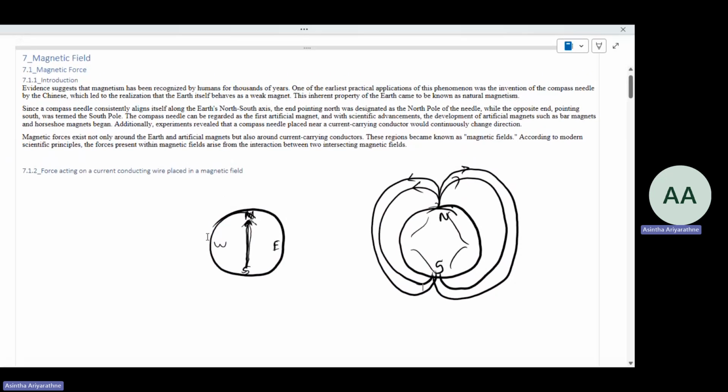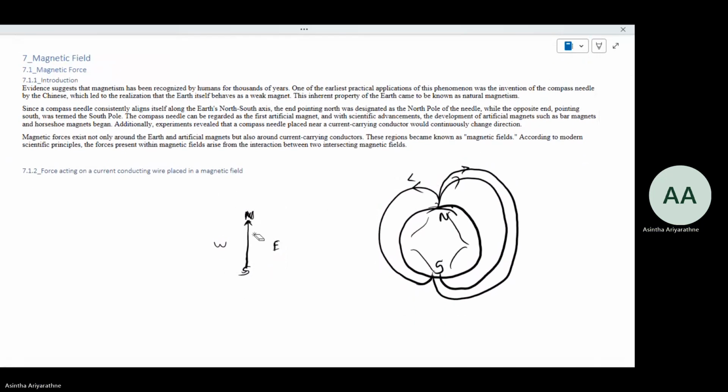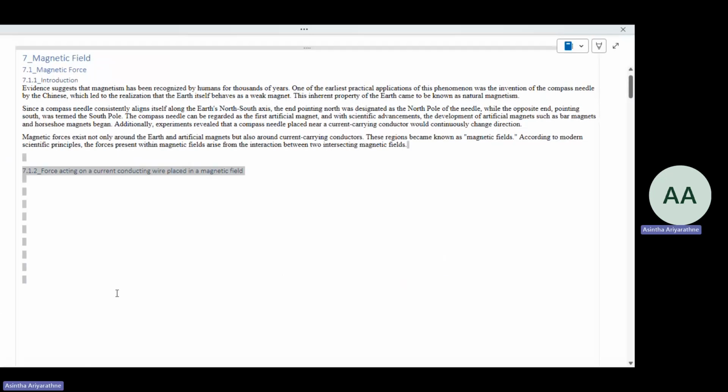We'll also learn some related laws, for example the Biot-Savart law. So here, first, we'll see the most basic one: the force acting on a current-carrying conductor placed in the magnetic field.